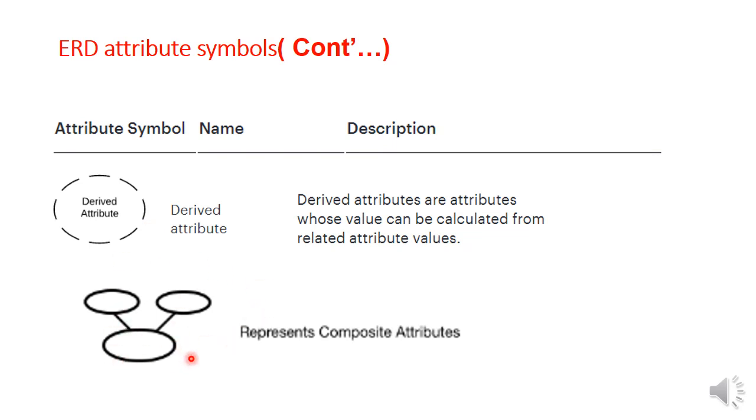So an attribute which is formed by many sub-attributes is called a composite attribute. In an entity relationship diagram, a composite attribute is always represented by this symbol.